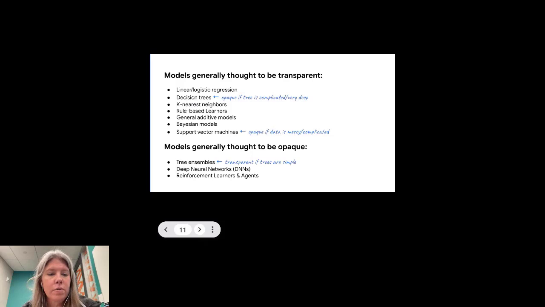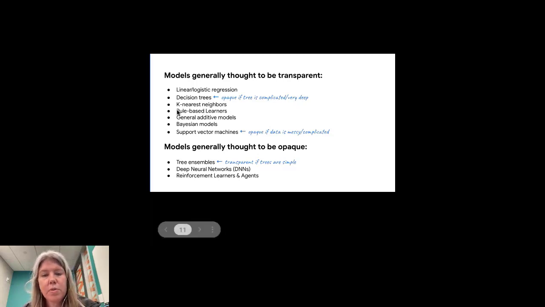For those of you who are familiar with different types of machine learning algorithms, there are certain types of algorithms that we generally think of as being transparent, and some others that we think of as being opaque. But one thing I want to call out is that those lines are actually a little bit blurred.